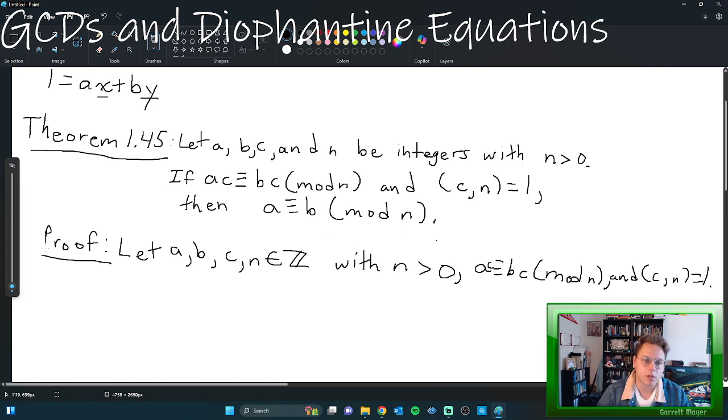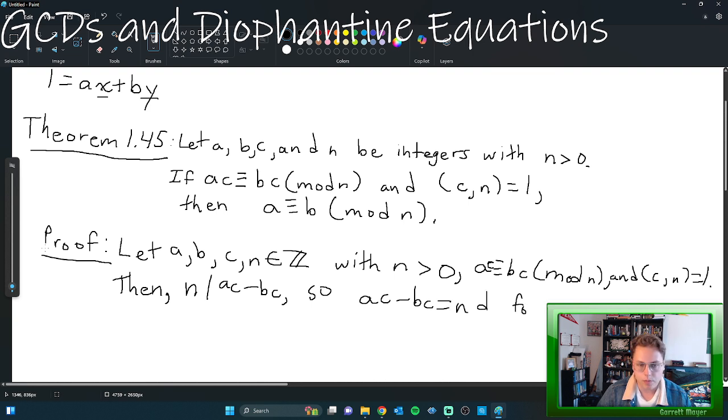Okay, now that we got those assumptions out of the way, this is a C here. It might be a little hard to see, but hopefully you guys can all see that. Then, by the definition of congruence, N divides AC minus BC. So AC minus BC equals ND for some D in the set of all integers.